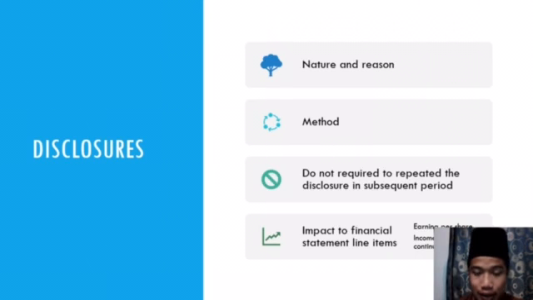The third one is, if it is stated, the disclosure is stated in this period, so it is not required to disclose the same feature for the subsequent period. And lastly, the impact on financial statement line items, for example, earnings per share and income.